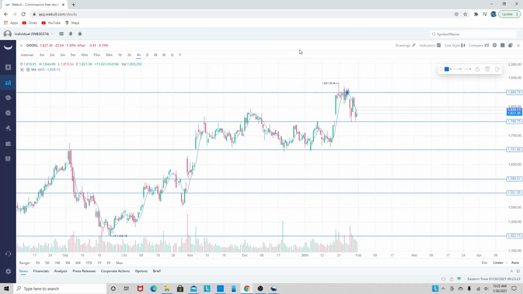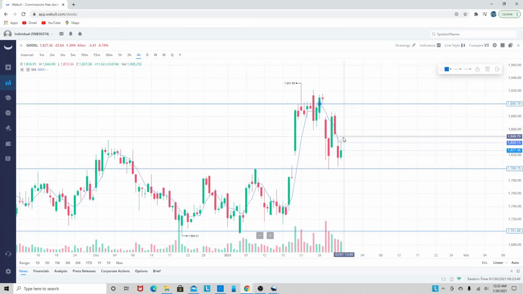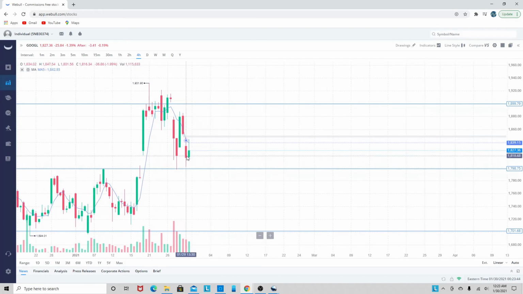And it looks like we're pretty good right there with our support coming back down with the 1800. As you can see, it comes back down, hits this 1800 right here, and it looks like it's bouncing back up. We don't really have too much data to go on just yet, but it hasn't come past our $1,800 mark yet. So we'll see.